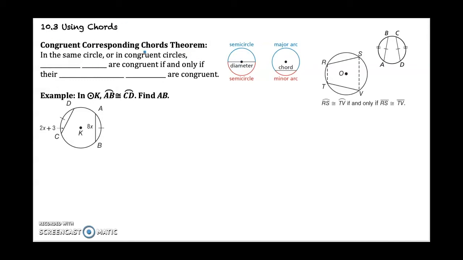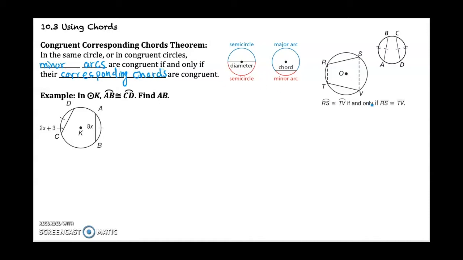So for this first theorem, in the same circle or in congruent circles, minor arcs are congruent if and only if their corresponding chords are congruent. And remember, if and only if means that it works both ways.